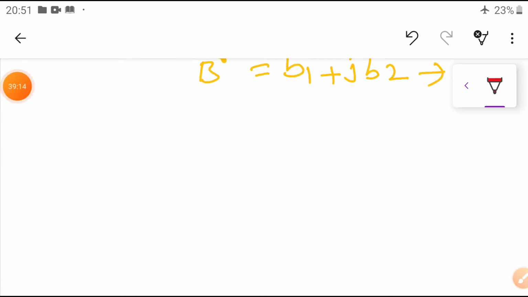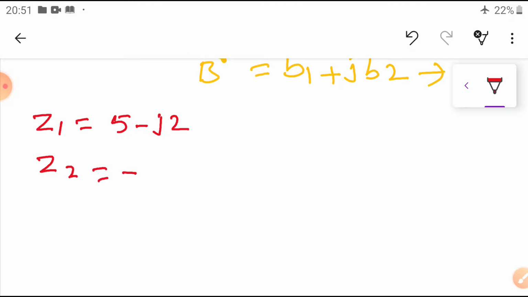Let us do a few problems. In October, November 2009, one problem is given. What is the problem given? The two given vectors are Z1 is equal to 5 minus J of 2 and Z2 is equal to minus 3 minus J of 8.